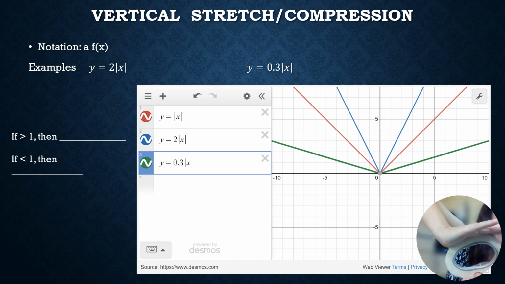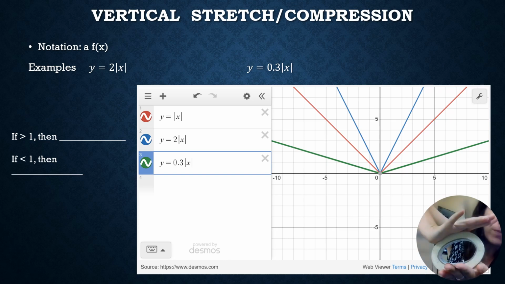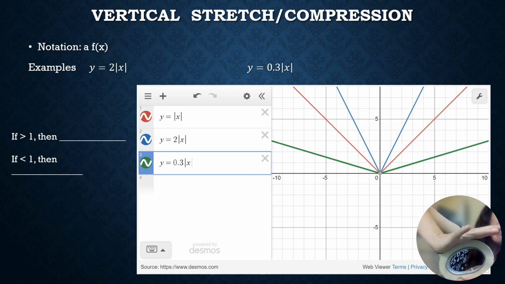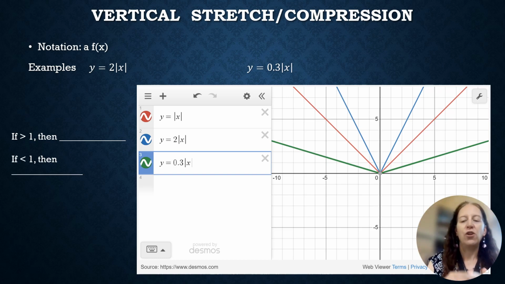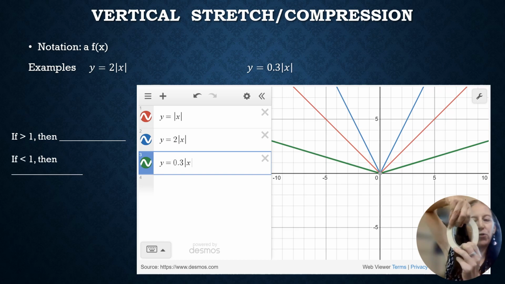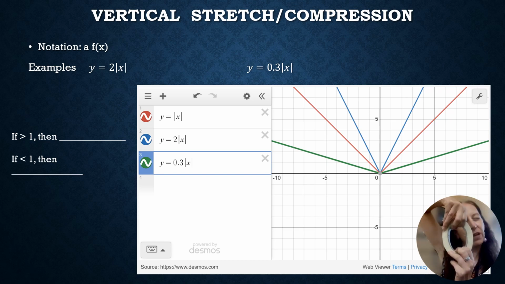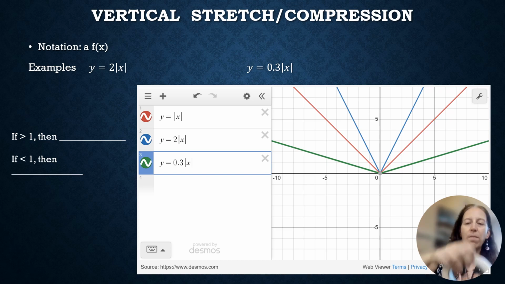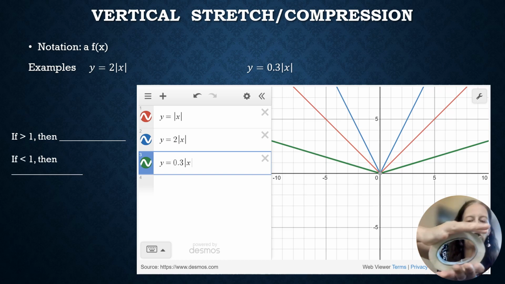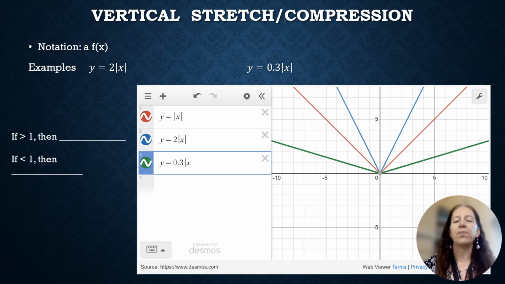And when I push it down vertically like that from top to bottom, you can see that my roll of tape gets wide. It gets like fat. And so we have a vertical stretch when I'm pulling it up vertically. So we're doing up and down, and then vertical compression, which is pushing it down.